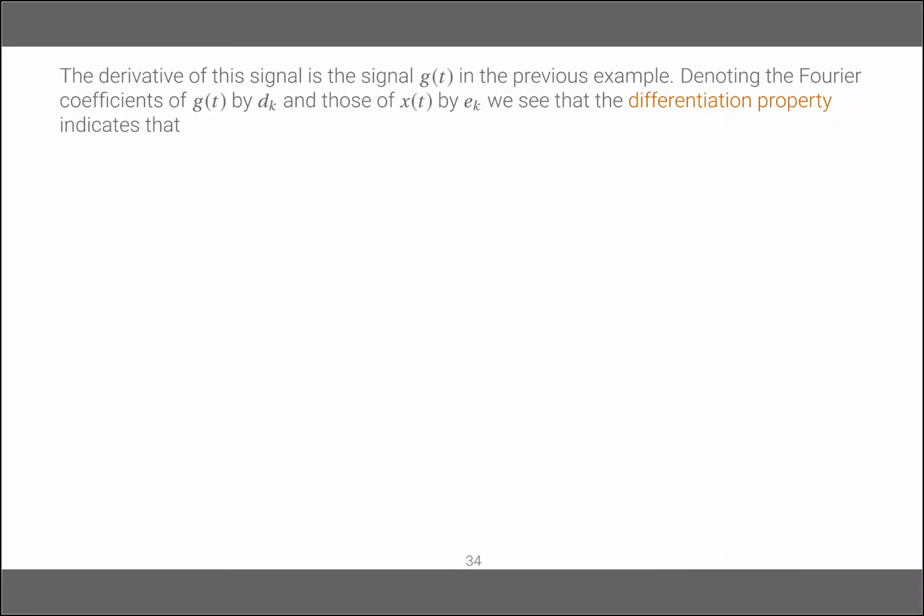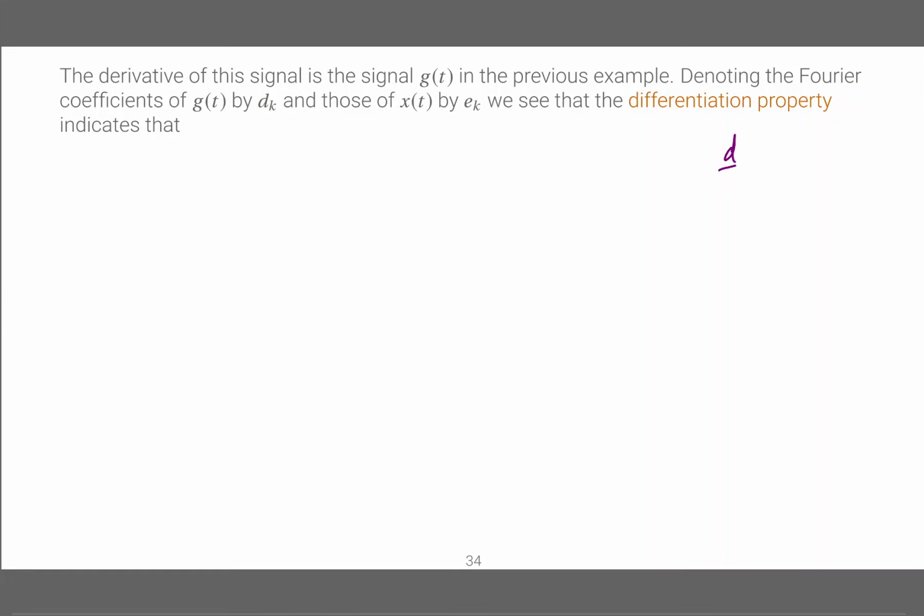So I will show you the table of properties later on. For the differentiation property, d by dt xt has the Fourier series coefficients j k omega naught ak.